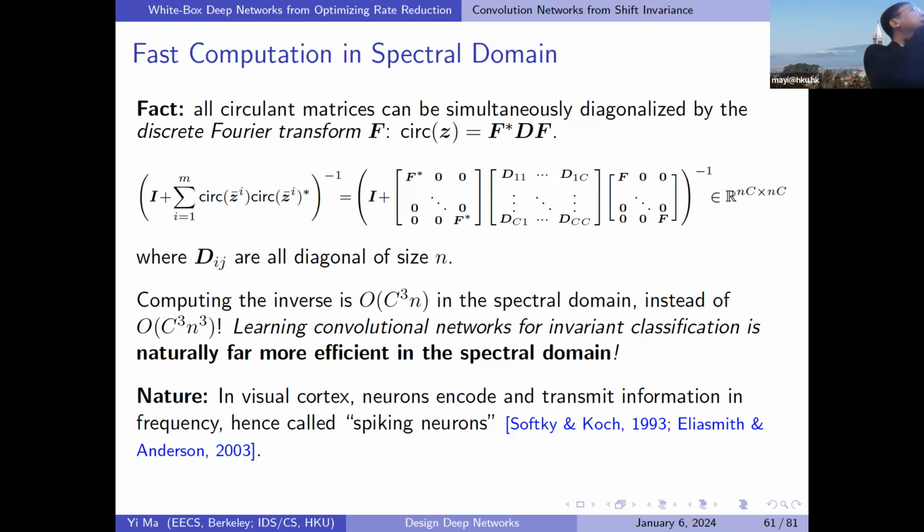Neurons fire by frequency, sending information about the frequency of the fire, not the amplitude, okay? And this is the first mathematical evidence: computing in the space domain, the cost is proportional to n, where n is the resolution, how many pixels your image has. If you're computing in the space domain with this operator, it's n cubed. But if you're computing this in the frequency domain, it's linear in the resolution. This is the only piece of evidence I know that can explain there's an advantage to computing in the frequency domain. And maybe nature found it, right?